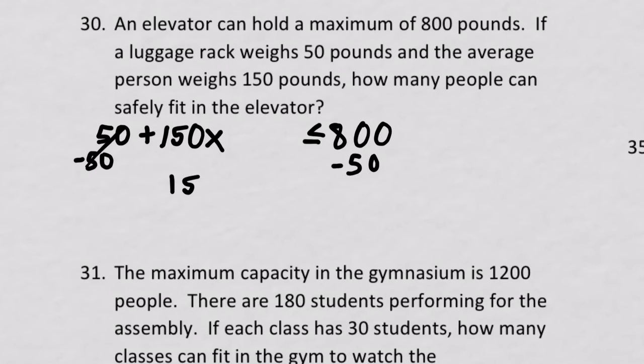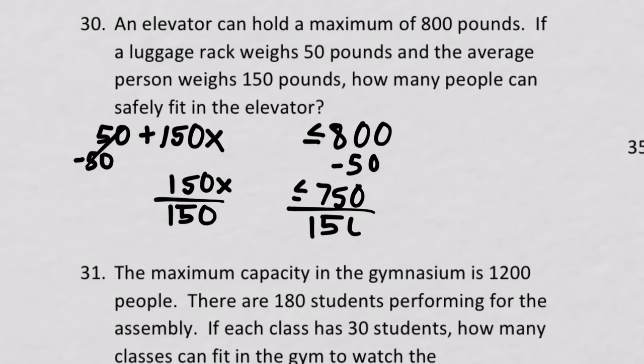So we have 150x is less than or equal to 750. To get the x, divide by 150 here and divide by 150 there. My final solution is x is less than or equal to 75 divided by 15, which is basically 5.